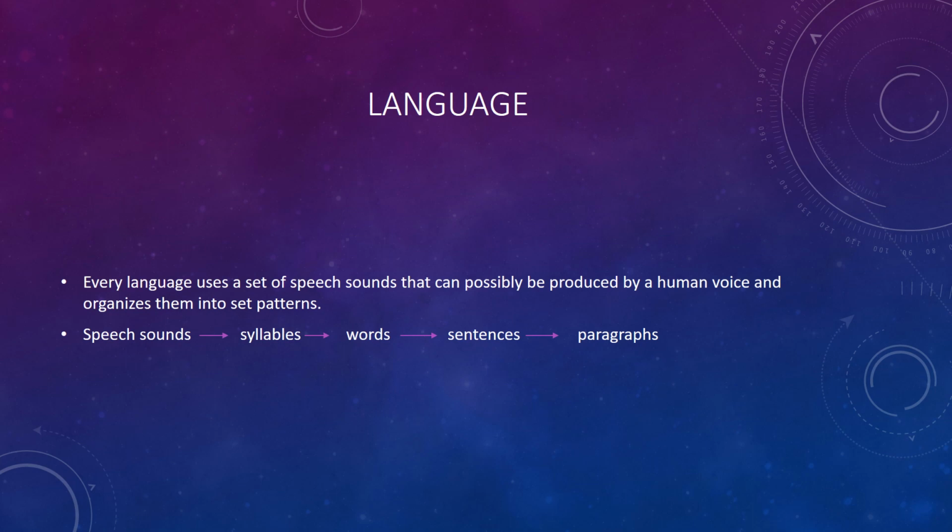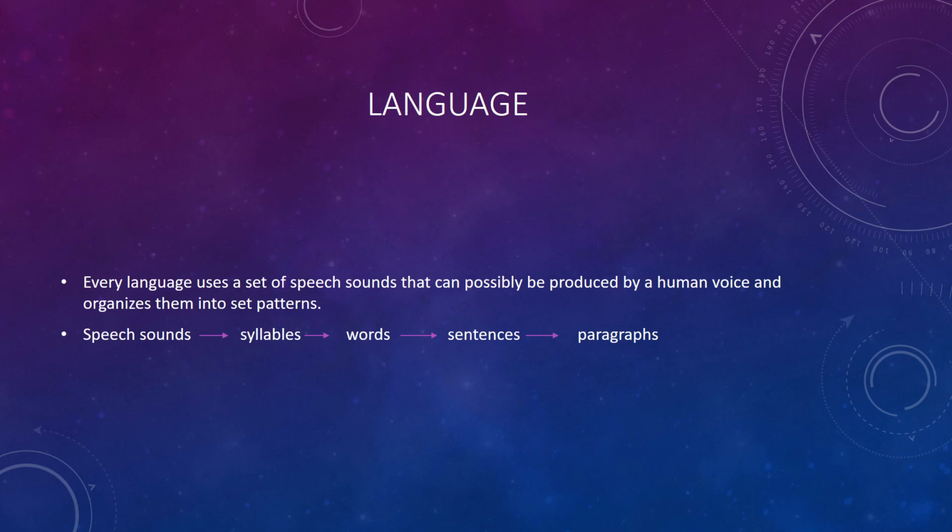All languages are used for communication. The purpose is to communicate, but they're all different from each other because each language uses a different set of sounds. Each language uses a set of speech sounds that can possibly be produced by a human voice, because a human voice is capable of producing many sounds.